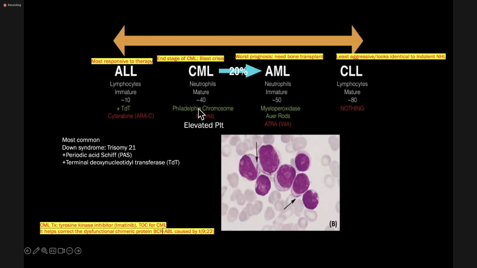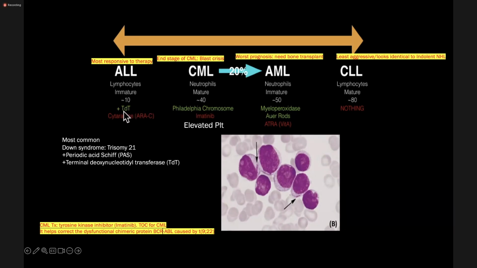Okay, so the next thing is, there's a mnemonic that I use all the time. It's called PMN. Philadelphia chromosome, basically you have the myeloperoxidase, and you have nothing when it comes to the test we use to diagnose this.